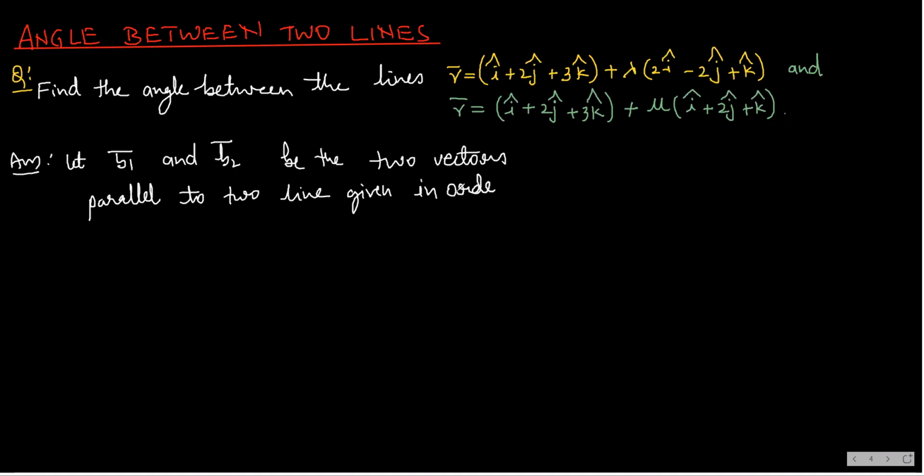What does that mean? It means that b1 bar is parallel to the first line, the one that is given first, and b2 bar is parallel to the line which is given second.